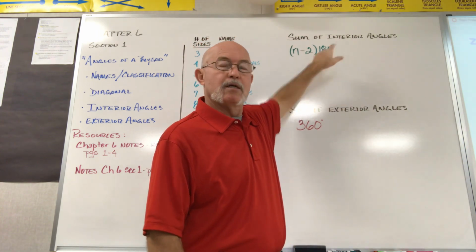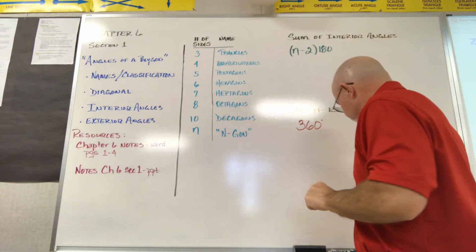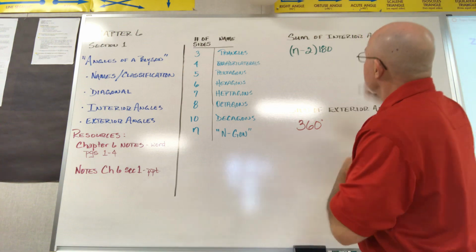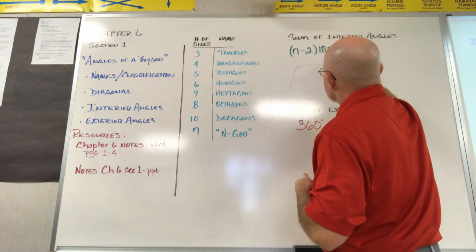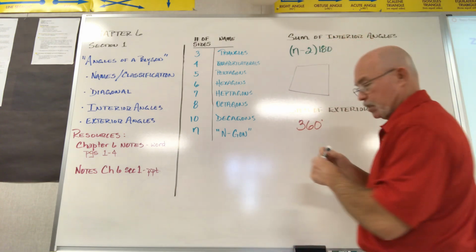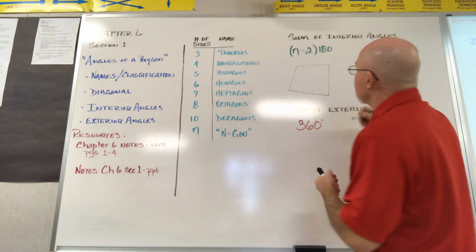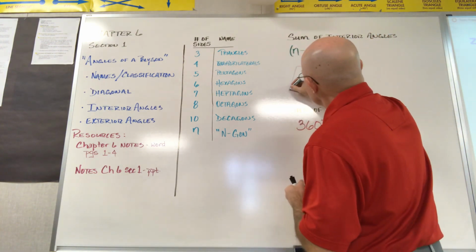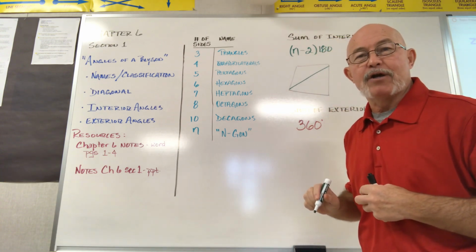Let me take a 4-sided figure. If I draw in a diagonal, how many triangles are there?